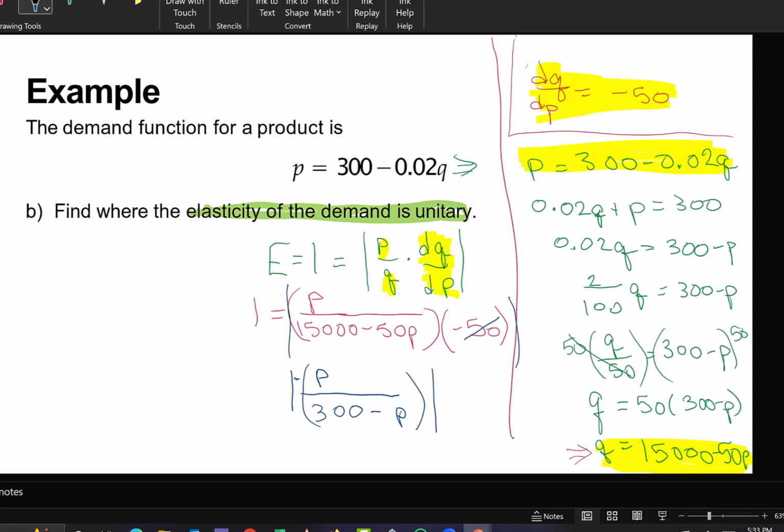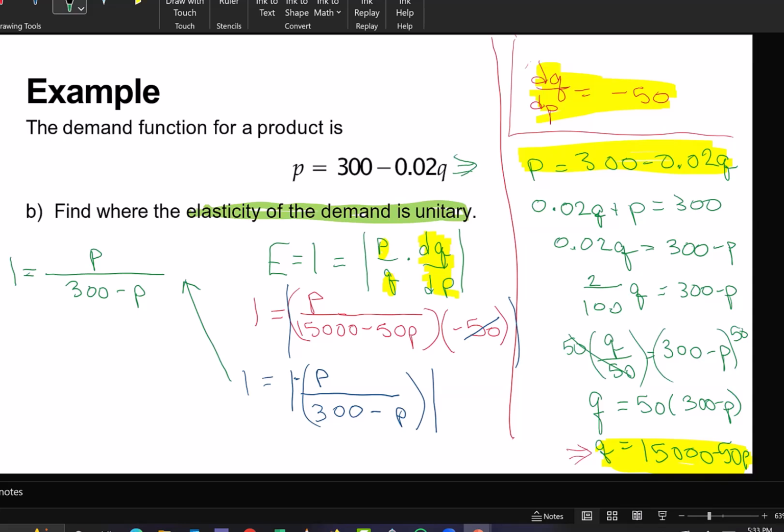Now, since I took the absolute value, I don't have to worry about that negative sign. I'm going to get rid of that negative sign. So I have P over 300 minus P is equal to 1.